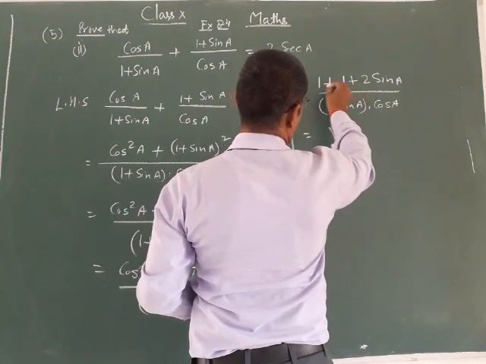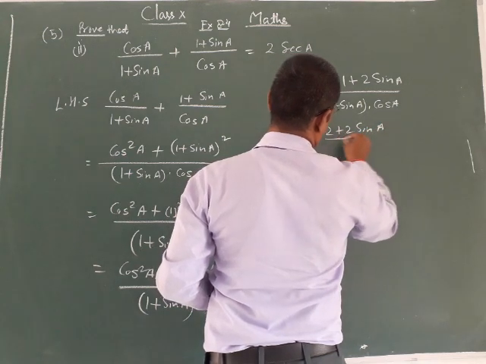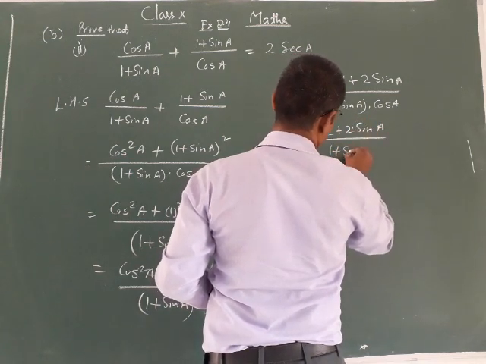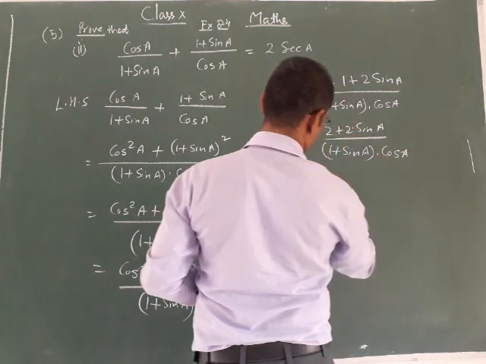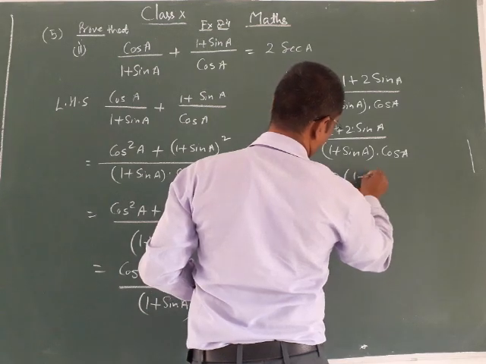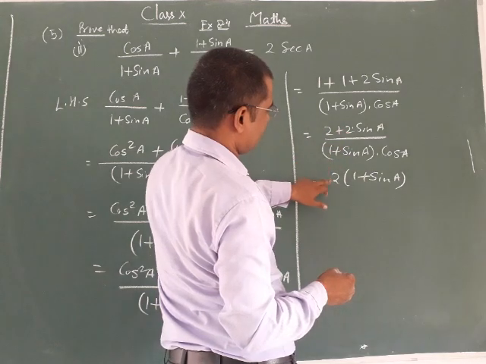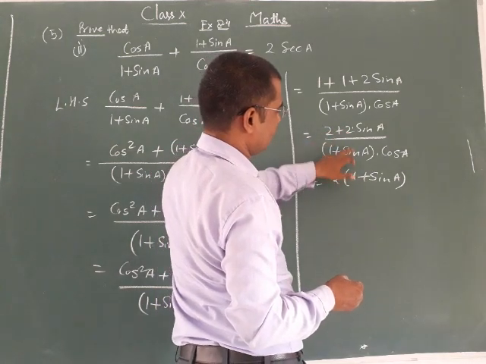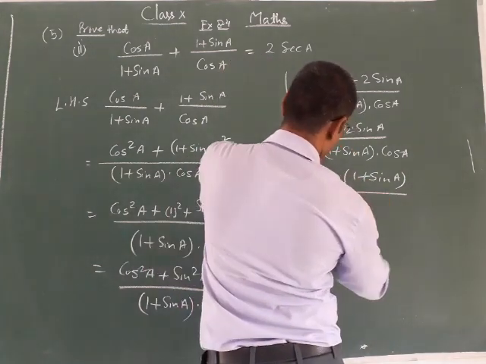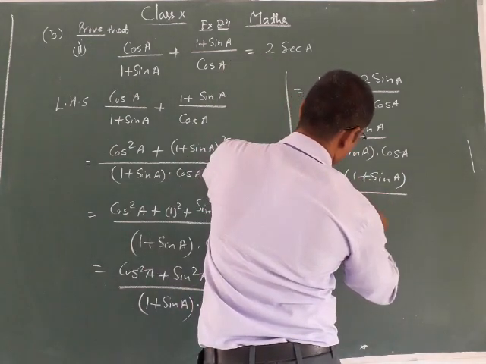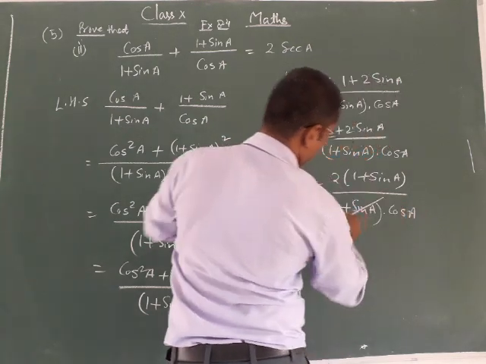So, 1 plus 1 is 2, plus 2 sin A upon (1 plus sin A) into cos A. So, 2 common out: 2 into (1 plus sin A) upon (1 plus sin A) into cos A. So, 1 plus sin A cancels out.